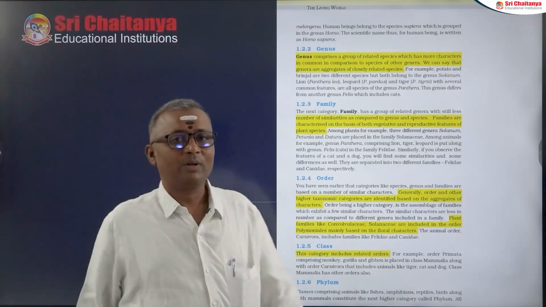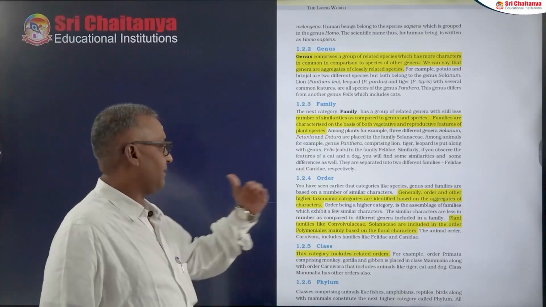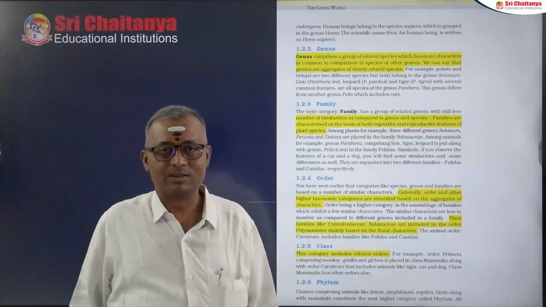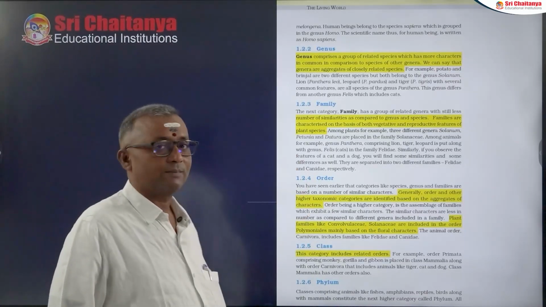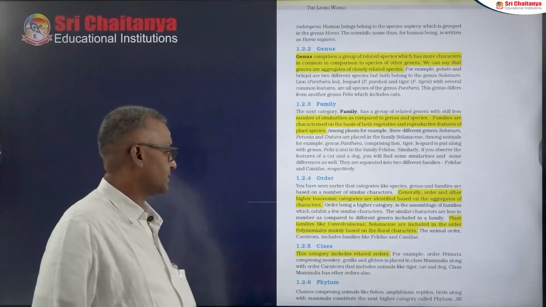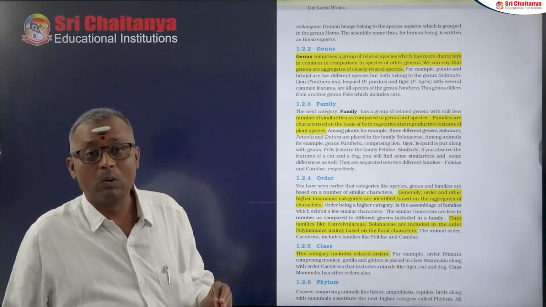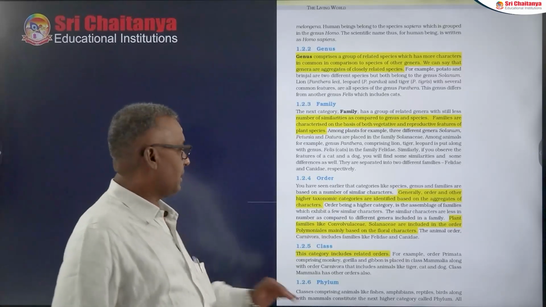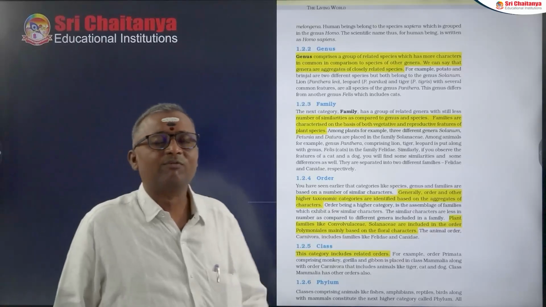Next, order. As we discussed, the species level, genus level and family level are all based on the number of similar characters. Generally, order and above levels of taxonomic categories are identified based on aggregates of characters, because at order and higher levels it is an assemblage of families.